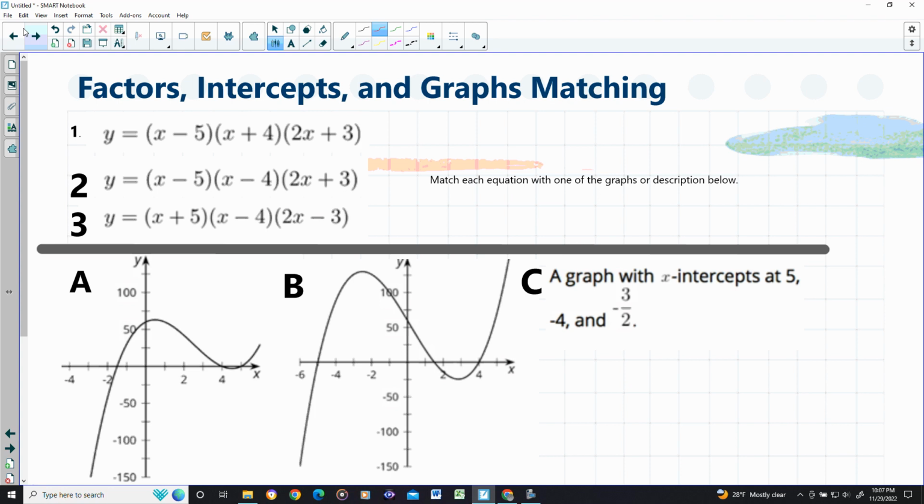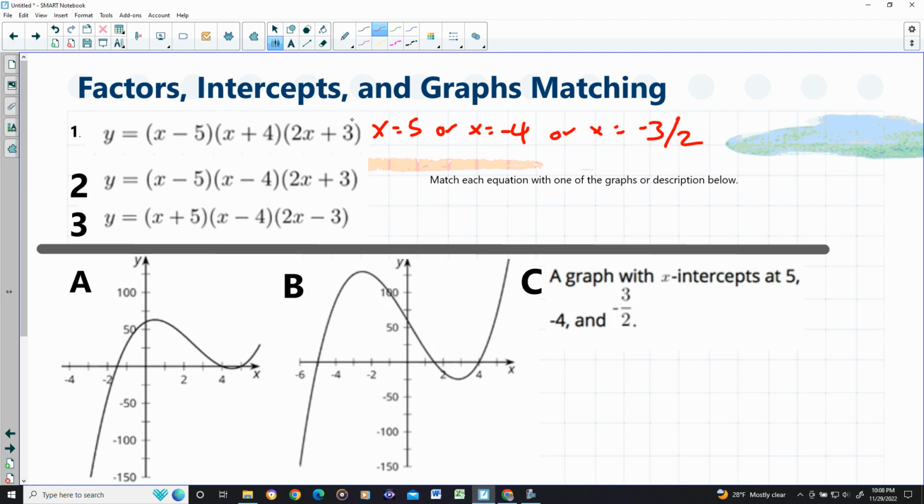Okay, so if I have the first one, well, let's see, x equals 5. So again, what are my solutions here? So my solutions are x equals 5, x equals negative 4, or x equals negative 3 halves.